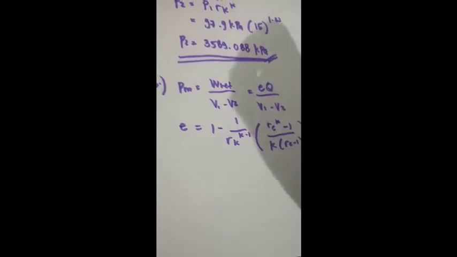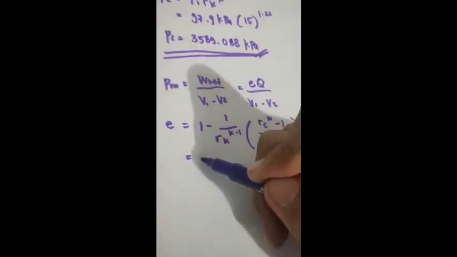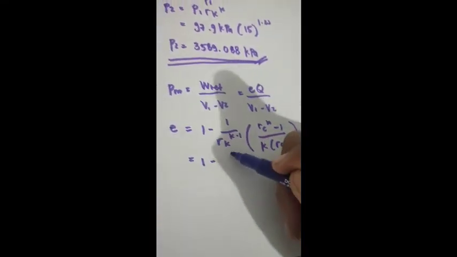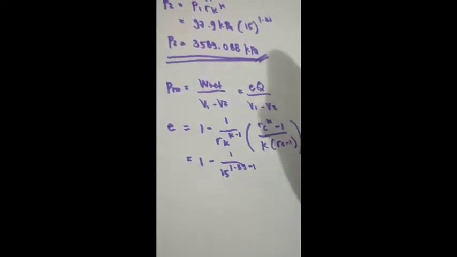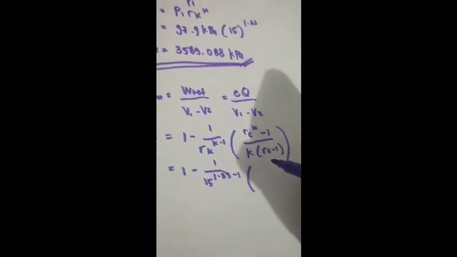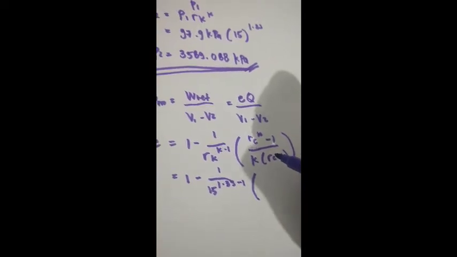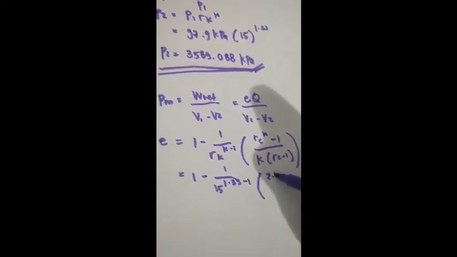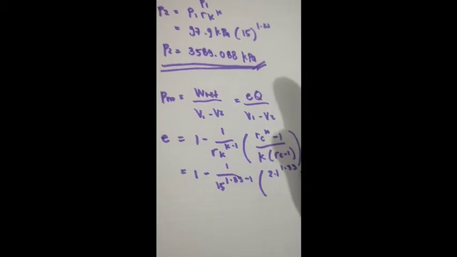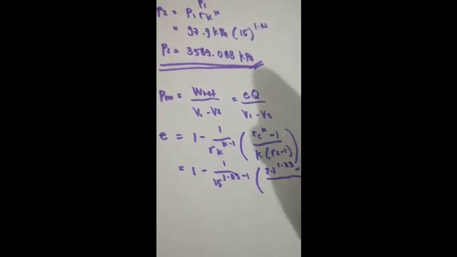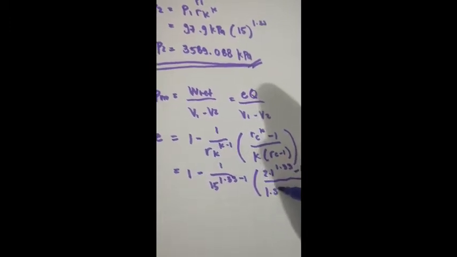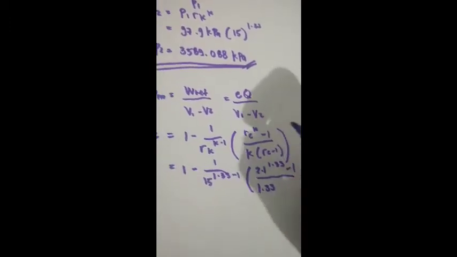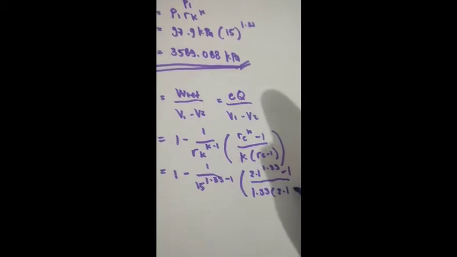So from this formula, you will substitute all the data again. So 1 minus 1 over 15 raised to 1.33 minus 1 times RC, 2.1 raised to 1.33 minus 1 over K, which is 1.33, times 2.1 minus 1.